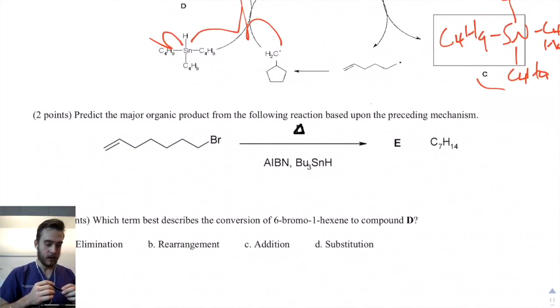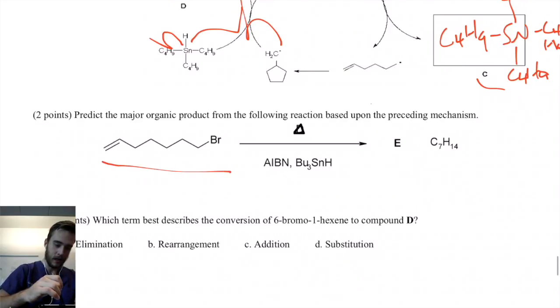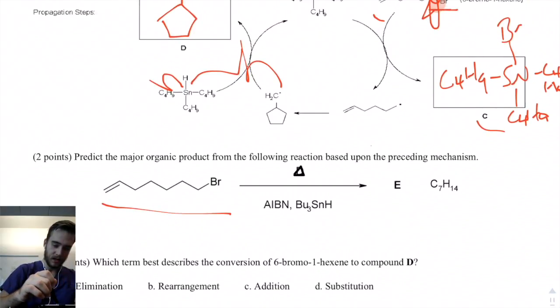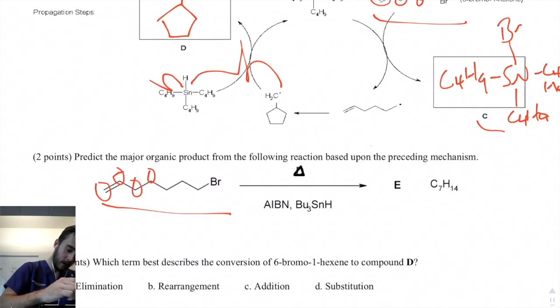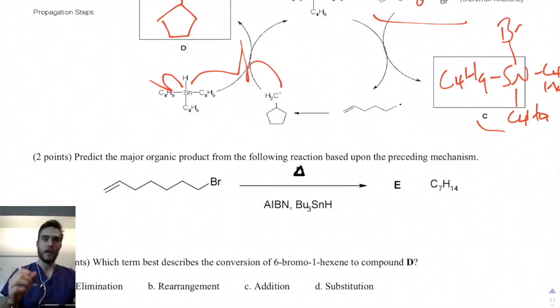Second part, predict the major organic product from the following reaction based upon the preceding mechanism. Okay, well, this molecule looks a lot like this one, right? Except this molecule, we could see it has 1, 2, 3, 4, 5, 6 carbons. This one has 1, 2, 3, 4, 5, 6, 7 carbons, okay? So what's going to happen?